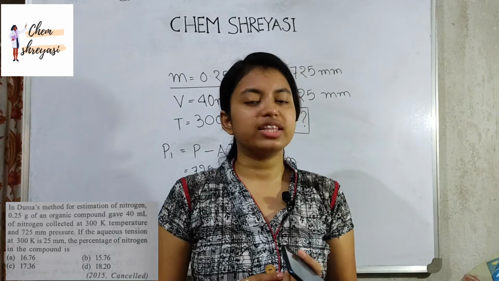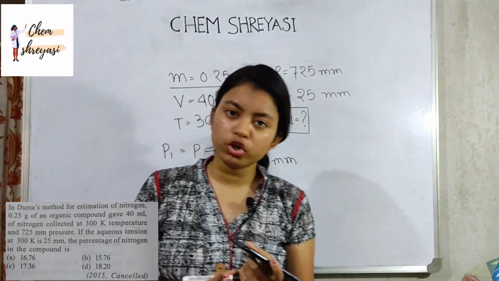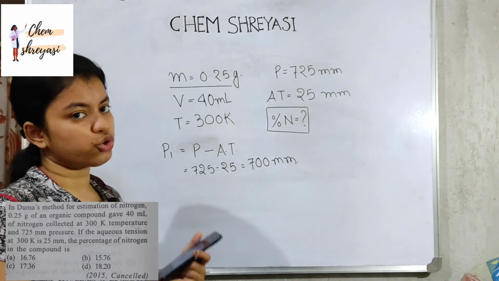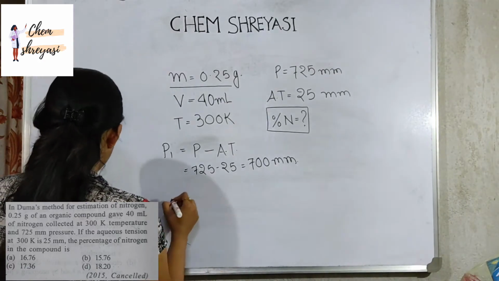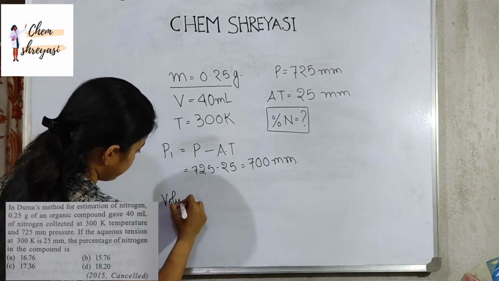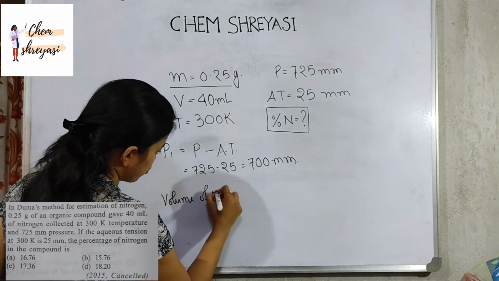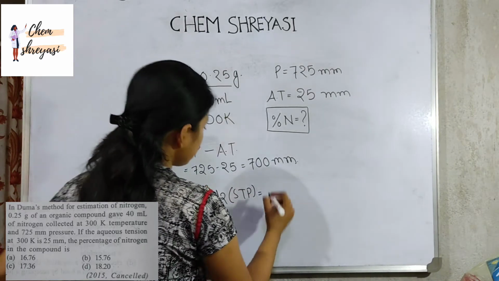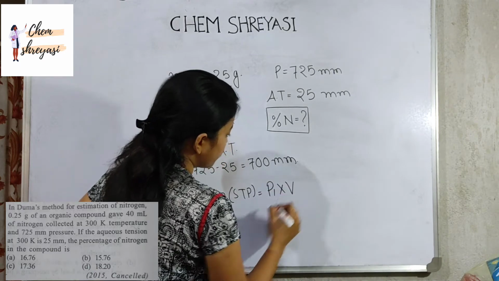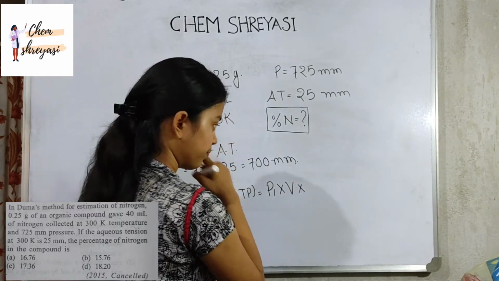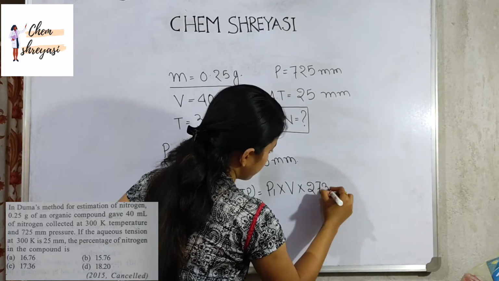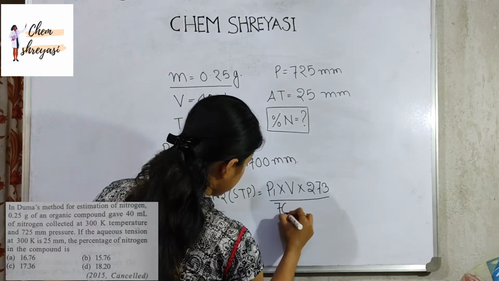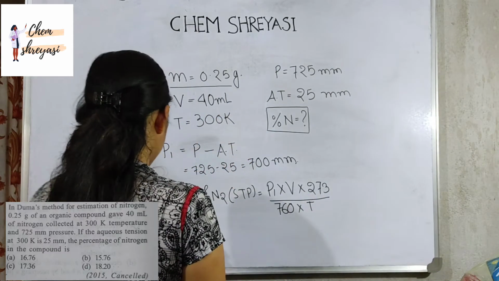Now we will find out the volume of nitrogen at STP. The formula to find the volume of N2 at STP is P1 into V into 273, divided by 760 into temperature.